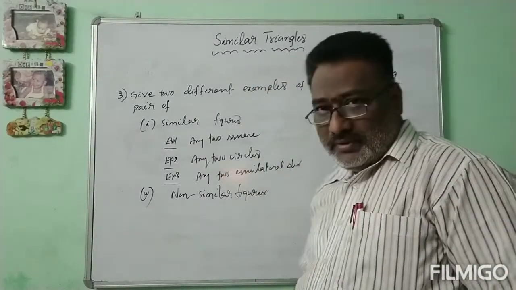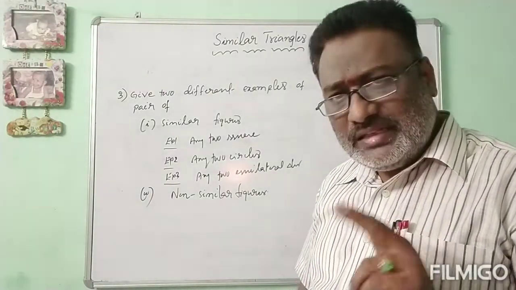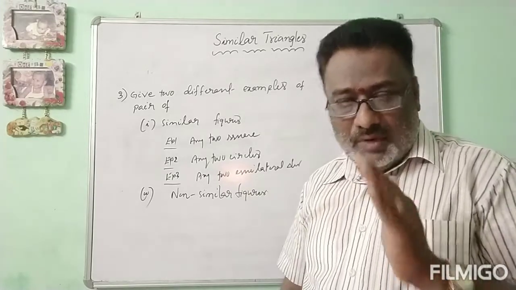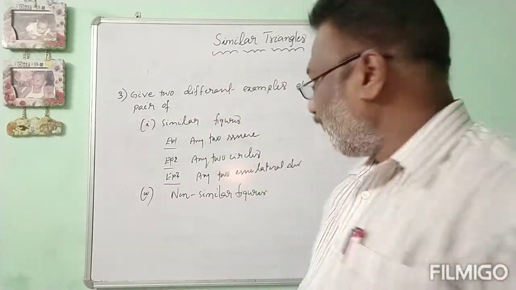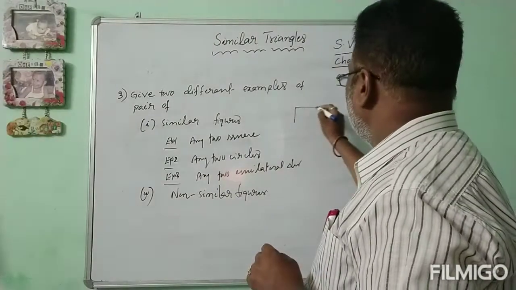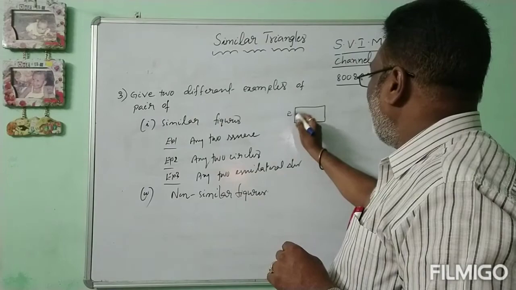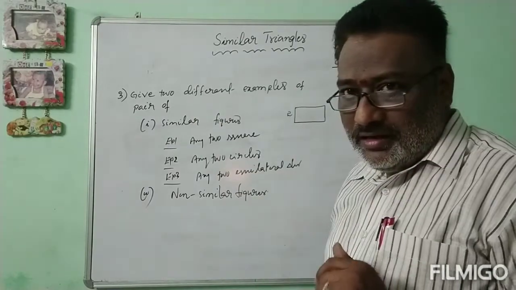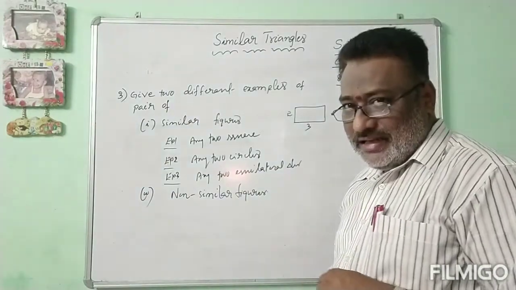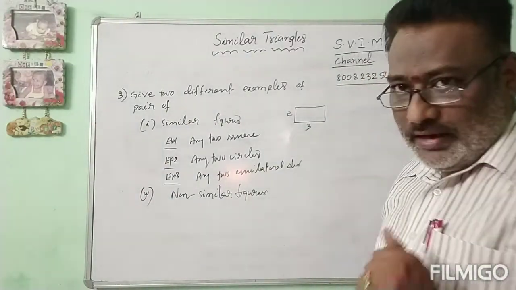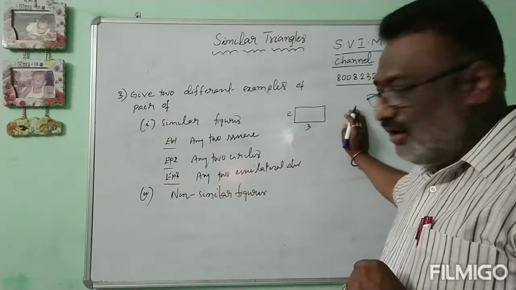So for example, if you take any two rectangles, are they similar? You may have some doubt in this. Let me clarify your doubt. For example, one rectangle we are taking, the length and breadth of that rectangle I am taking as 2 units and 3 units. Okay. Here one more rectangle I am taking.